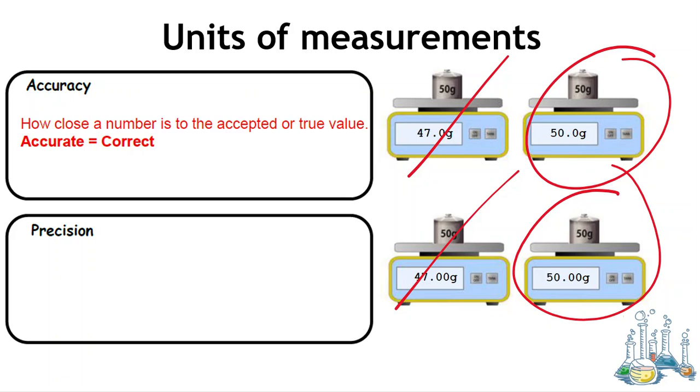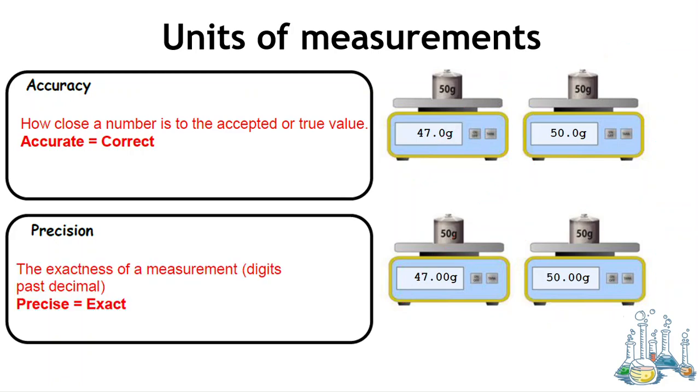Now, how is that different from precision? Well, precision is the exactness of a measurement. Another way you can think about it, at least in this class, and this works almost all the time, is that precision is how many decimal places our measurement can reach, okay? We already said that these two are not even accurate, so forget those. If you look at this balance, do you notice that it goes to the tenths place, 50.0?